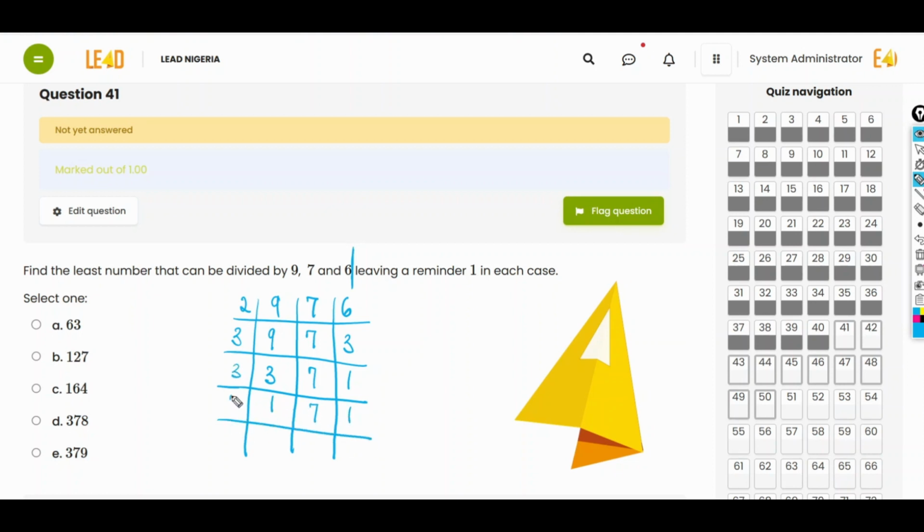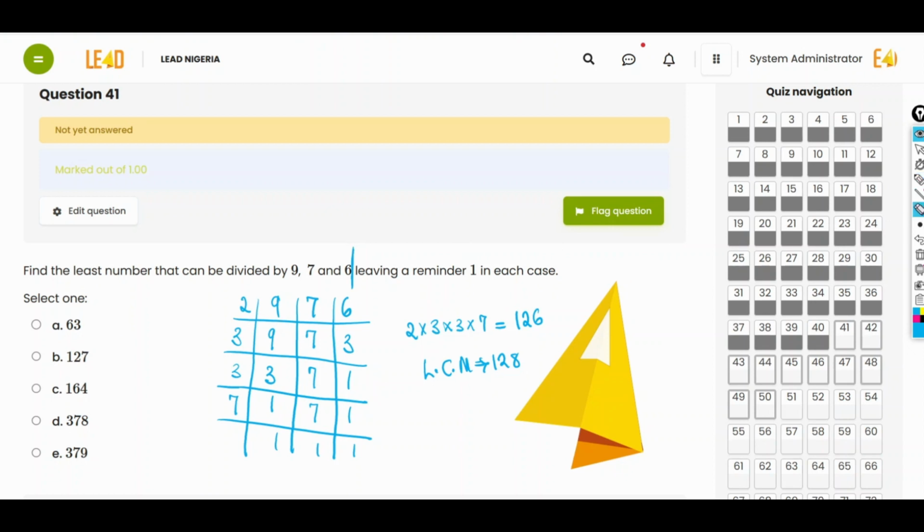And then now we go with 7, 1, 1, 1. So the answer is 2 times 3 times 3 times 7. That's 6 times 3, 18. 18 times 7 is 126. Right, so the LCM itself is 126.